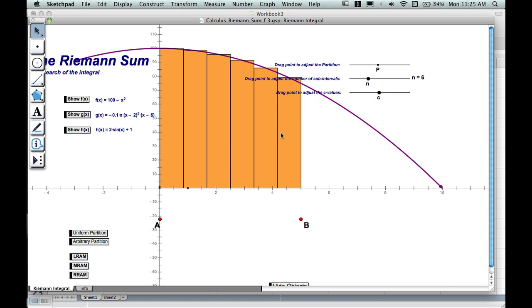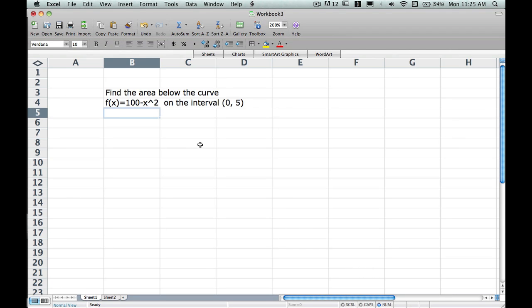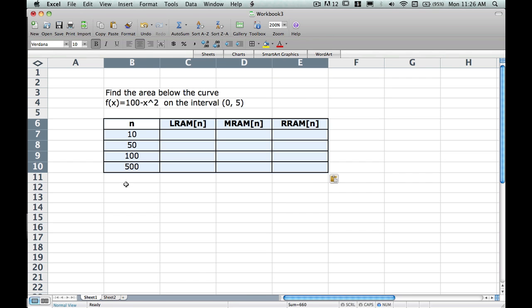So for the spreadsheet, for the problem in your homework, you have a question that asks you to fill out a table that looks like this. So we'll need to know what happens with 10 subintervals, what happens with 50 subintervals, and 100 and 500 for each of these estimates: the LRAM, the left rectangular area measurement, the midpoint rectangular area measurement, and the right rectangular area measurement.